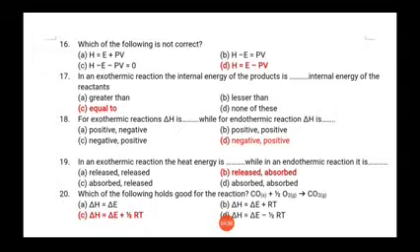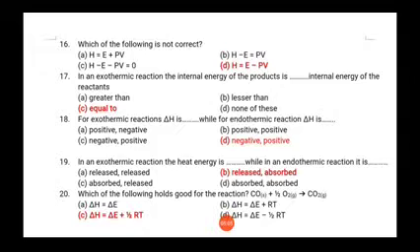Next question: for exothermic reactions delta H is blank, while for endothermic reactions delta H is blank. So you have two blanks, so two options in each category. A is positive negative, B is positive positive, C is negative negative, and D is negative positive.